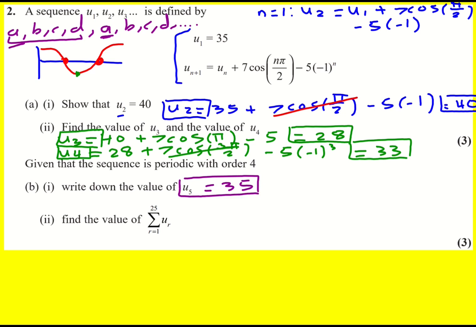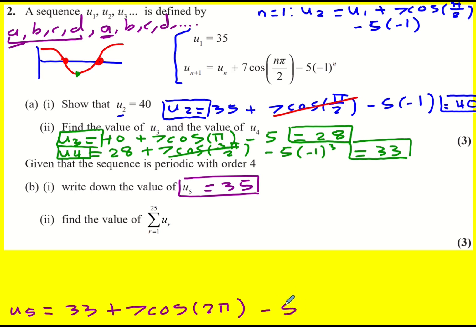It's actually not a bad idea to just check it by substituting it into the formula, because then we can be really confident with our part A1 as well. So it would be u4, which is 33. I'm letting n equal 4 here. So plus 7 cos 2 pi, which actually is 1.